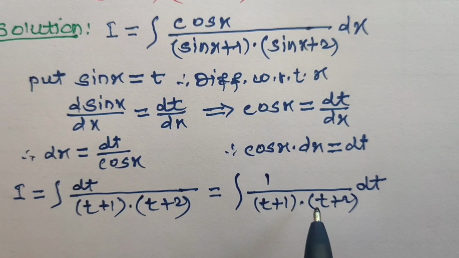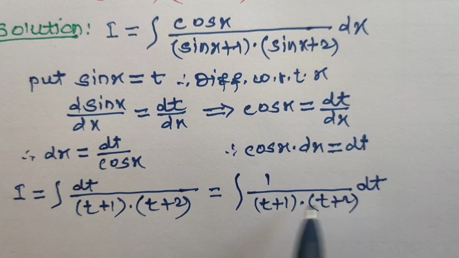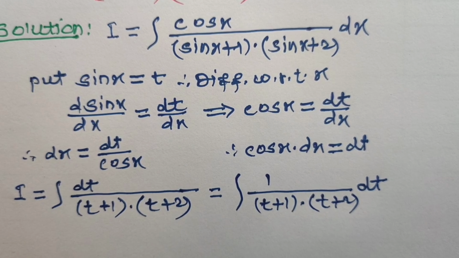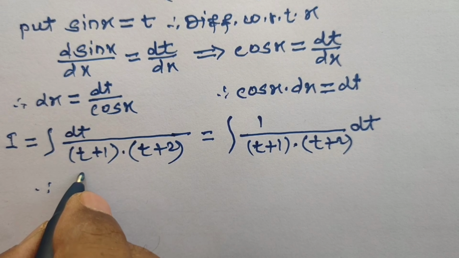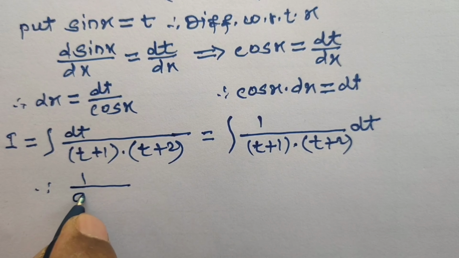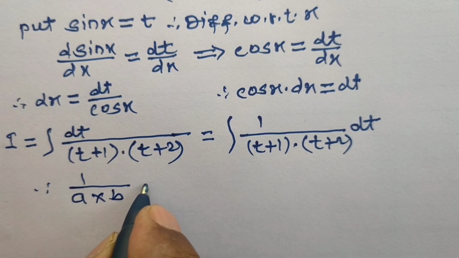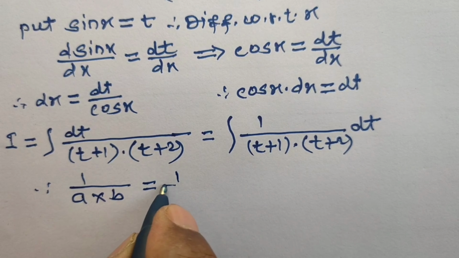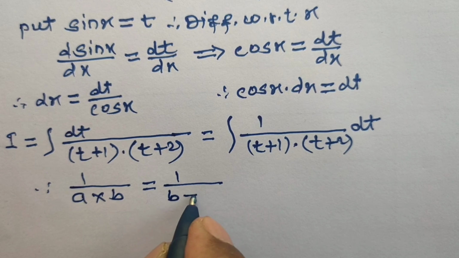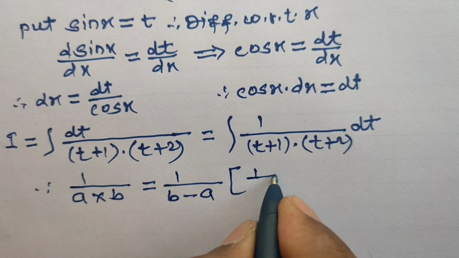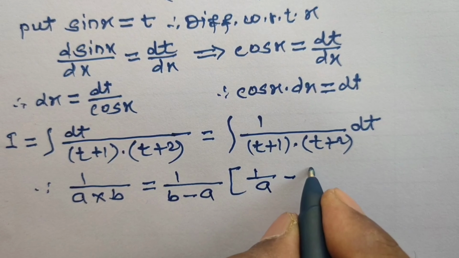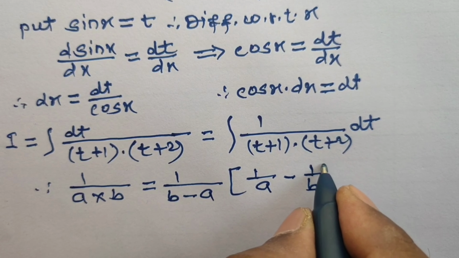We have to find out its partial fractions so that we can easily evaluate this integral. You know, one simple formula for partial fractions: 1 upon a into b is equal to 1 upon (b minus a) into bracket (1 upon a minus 1 upon b).